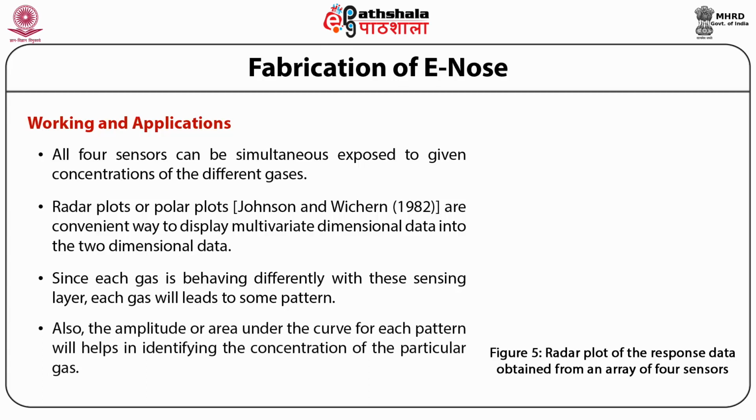Also, the amplitude or area under the curve for each pattern will help in identifying the concentration of the particular gas. So this figure shows the radar plot of the response data obtained from an array of 4 sensors.